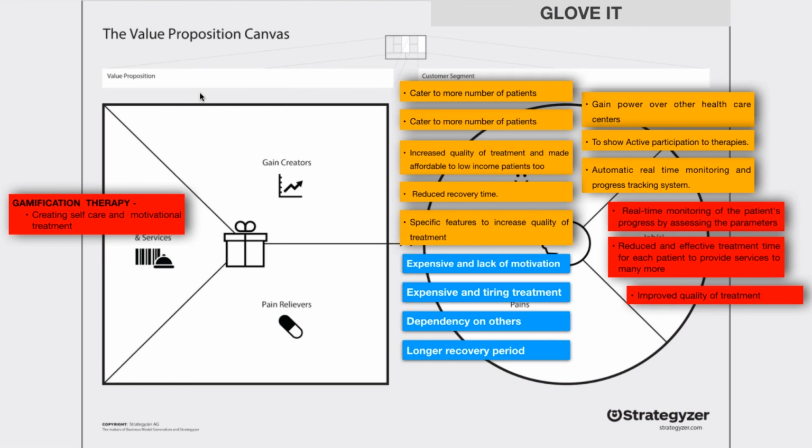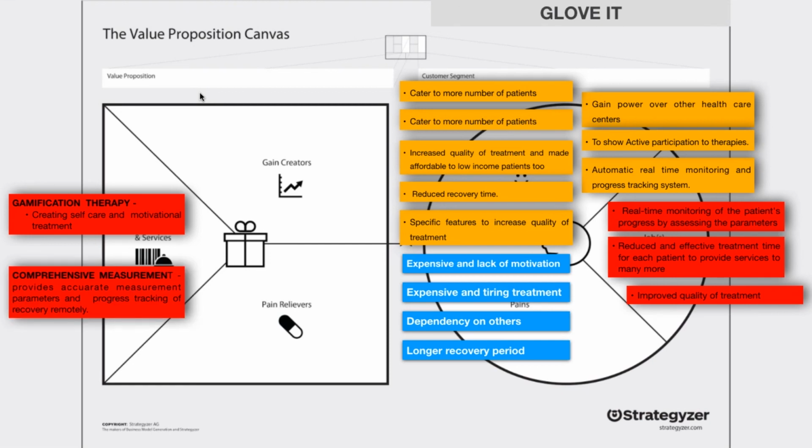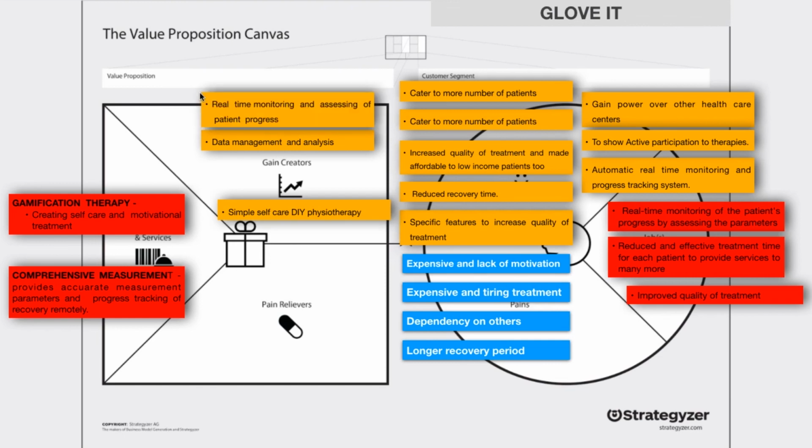I can now list the basic features and functionalities that my solution needs to have to help my customer experience value. So, for each feature and functionality, what are the gains I create?